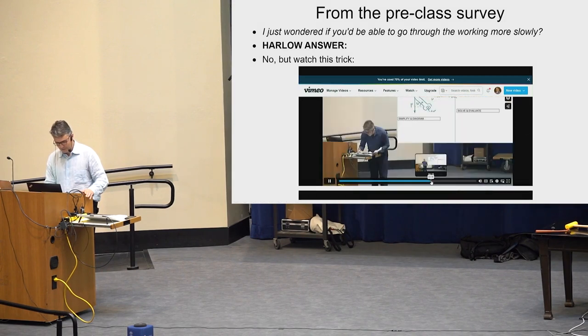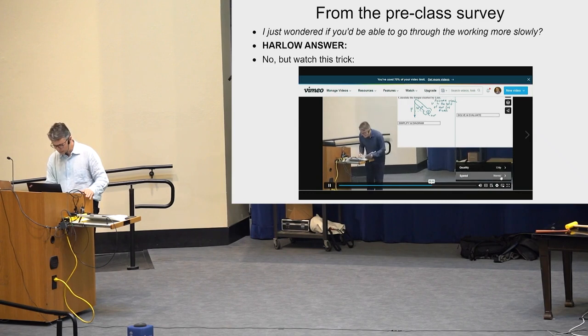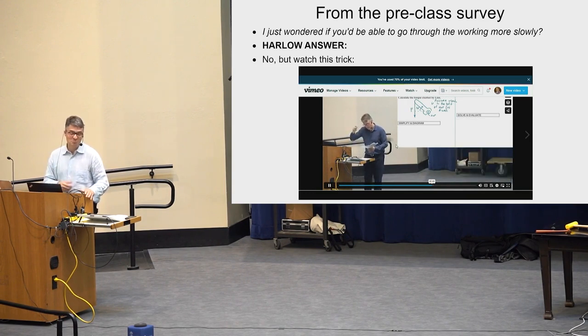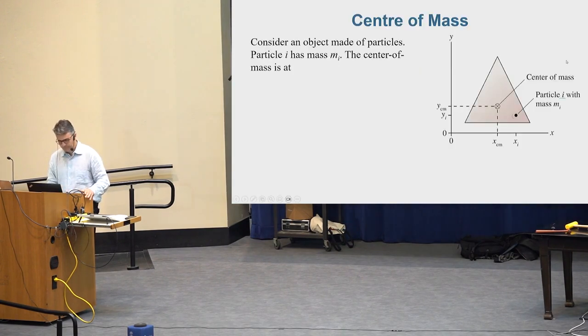You can click on speed and go from normal to any speed you want. You can make me go faster or make me go slower, depending on what you want. So that would be a suggestion. Go to those Vimeos. A cool little trick.